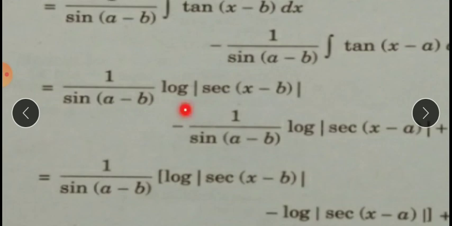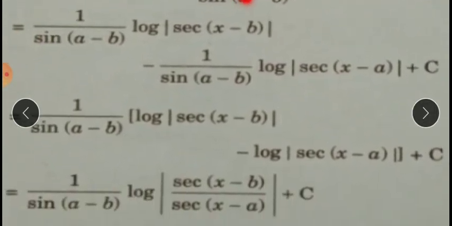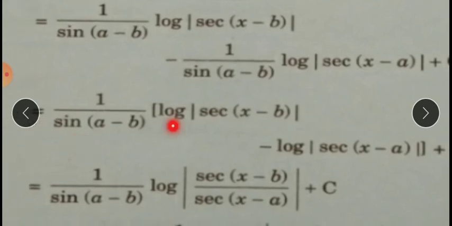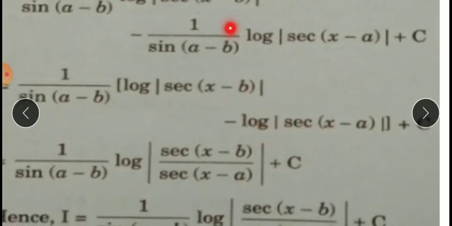That is log sec(x minus b) minus 1 upon sin(a minus b) log, similarly sec(x minus a), plus constant of integration. 1 upon sin(a minus b) times log sec(x minus b) minus log sec(x minus a) plus c.